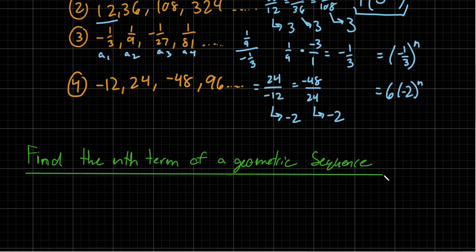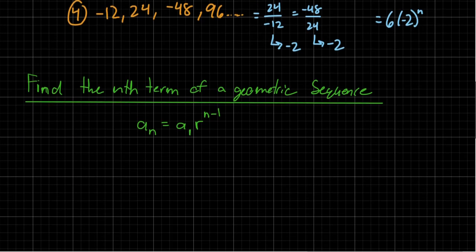You kind of already found out what this formula is. We have a of n equals our very first term times r to the n minus 1. The negative 1 is going to be very important, and you're going to forget about it sometimes, but it's okay. Let's do an example.